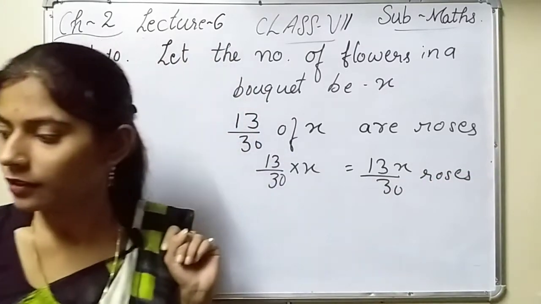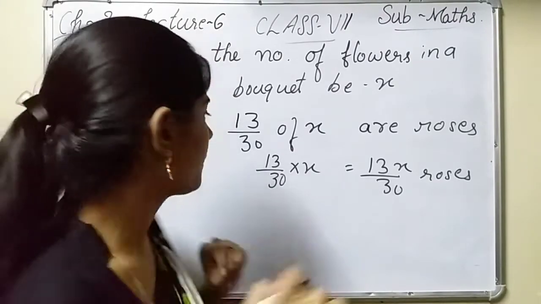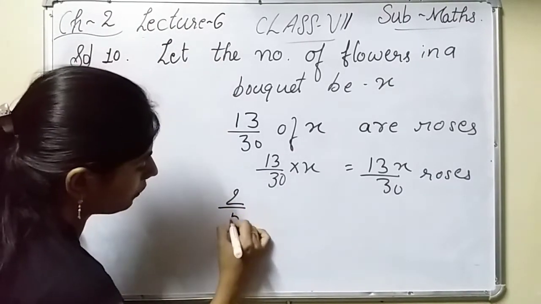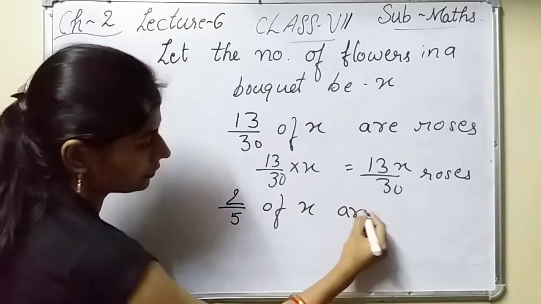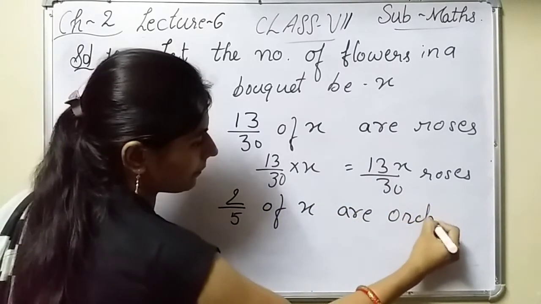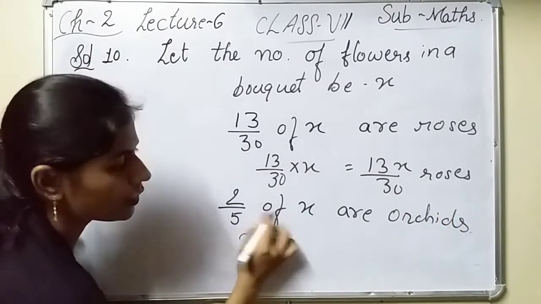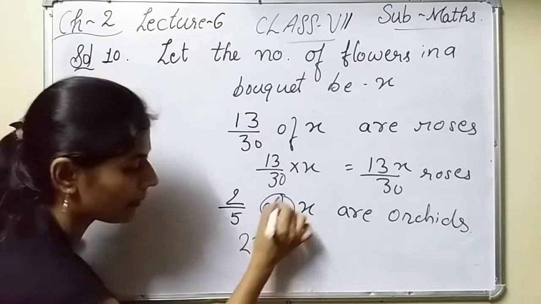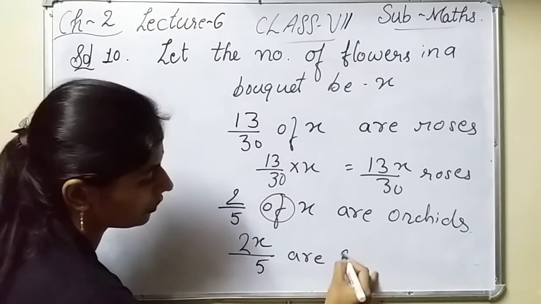Understood? Now, 2 by 5 of the flowers were orchids. 2 by 5 of x, where "of" means multiply, so 2x by 5 are orchids.